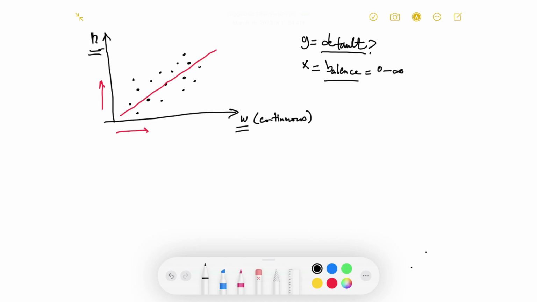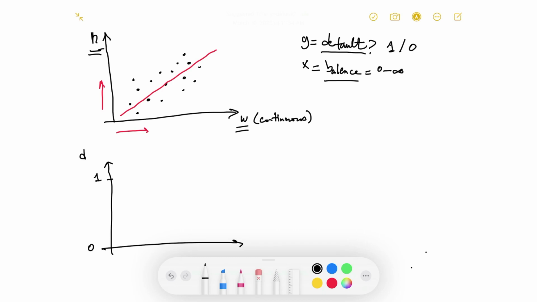Okay, so let's look at what that looks like graphically. So in this case, I guess we should flip it. Let's say that we did weight and we were predicting height. So our y-axis is height. In this case, our y-axis is default, and default takes two values, 1 or 0. You either defaulted or you didn't. So let's have 0 be here, and 1 be up here.